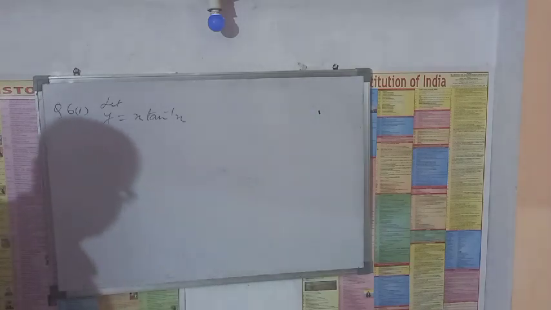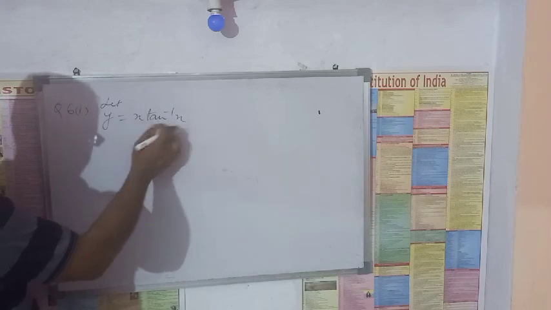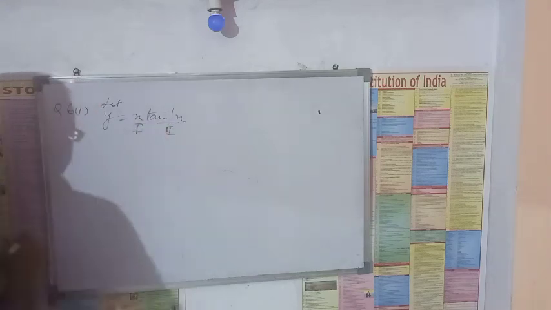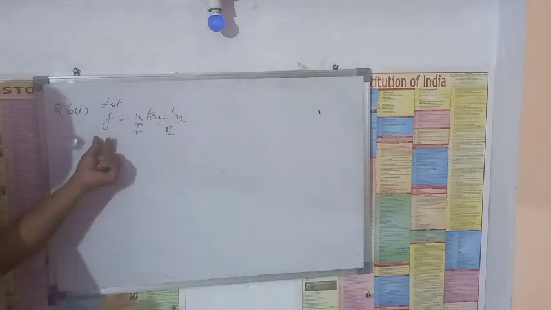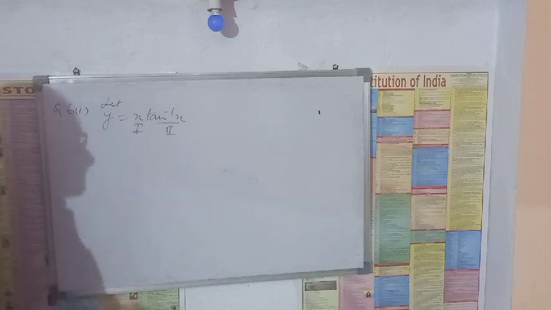We have to differentiate x tan inverse x. So here we see that it is the product of two functions. X is the first function, tan inverse x is the second function. So we will apply the product rule here.